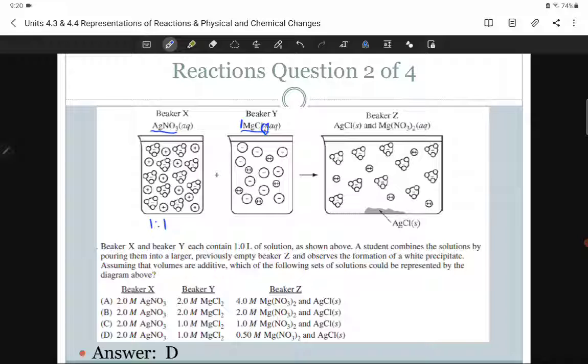You know what, maybe we better count these all up. I wouldn't have normally done this to answer this question, but I think this might help for explanation purposes. There's 10 silvers, and I think there should be then 10 nitrates.